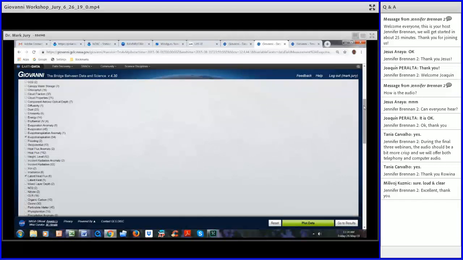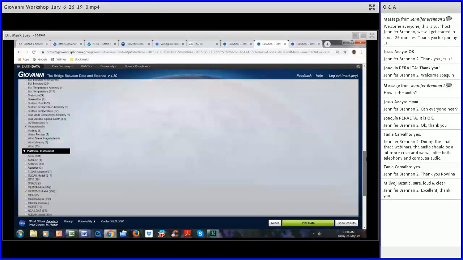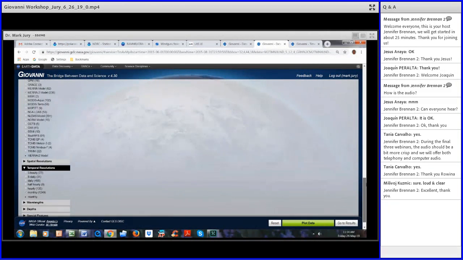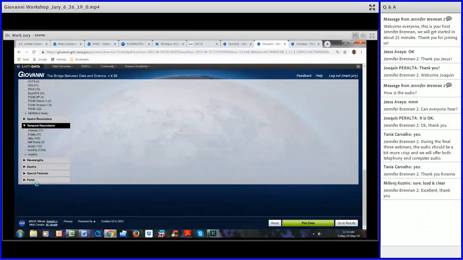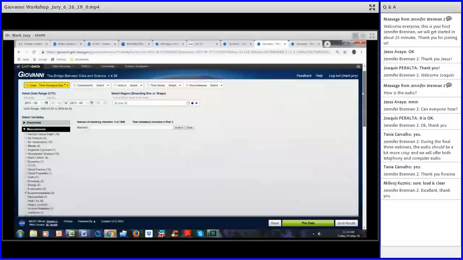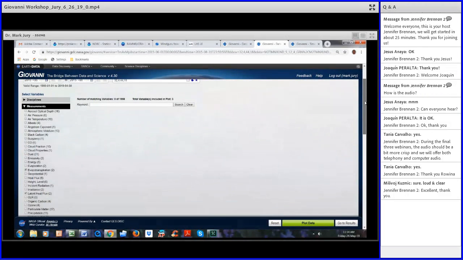I also then went down further in the menu. I put vegetation. I said MERRA-2 model there, and I also went to the temporal resolution, said monthly. So for the purposes here then, after going through all those sub-menus, if you like, then you end up with a relatively small group of variables here.